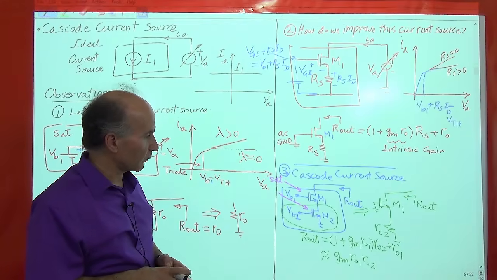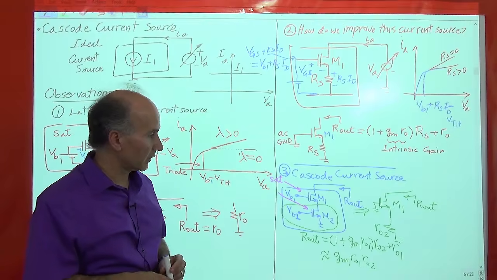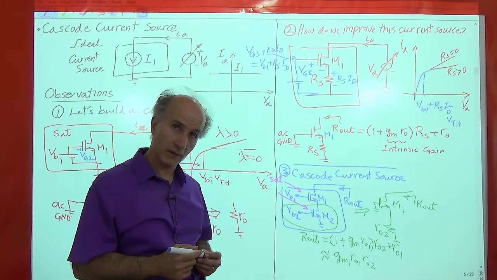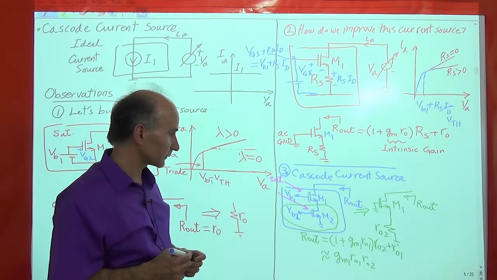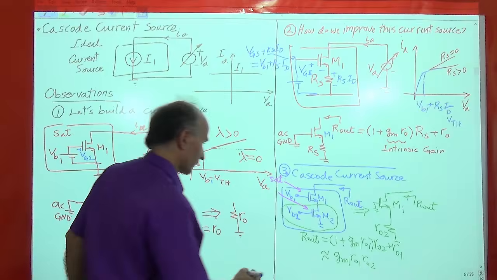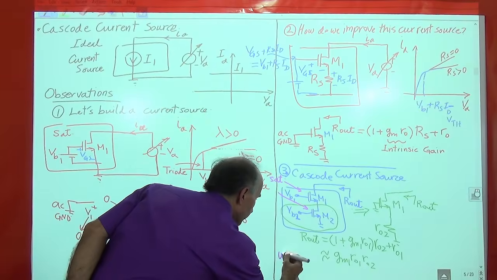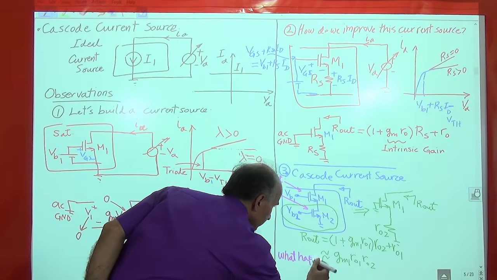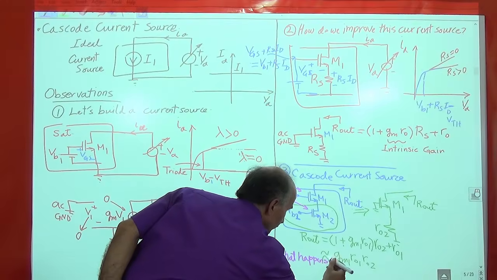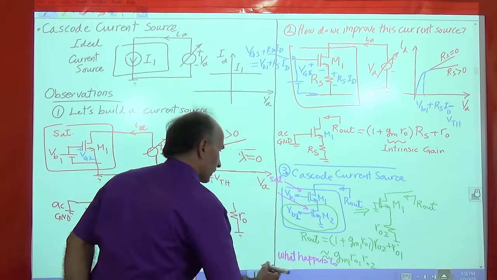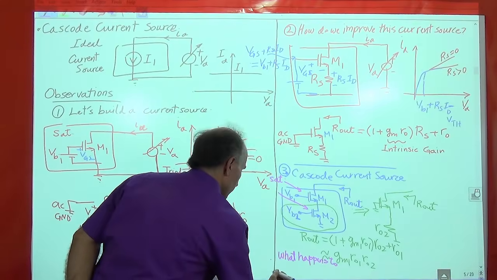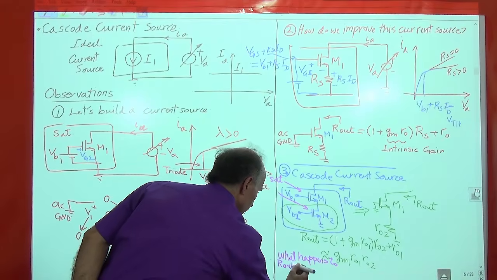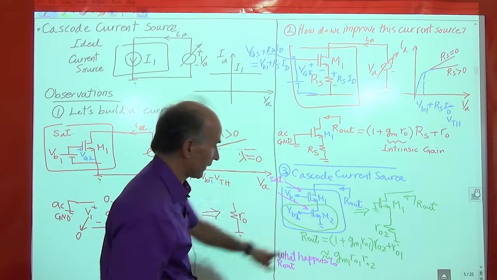All right, so I would like to finish this lecture by posing a question to you, and I will answer that question next time. Here's the question. What happens to R out, okay, what happens to this R out that we just found?